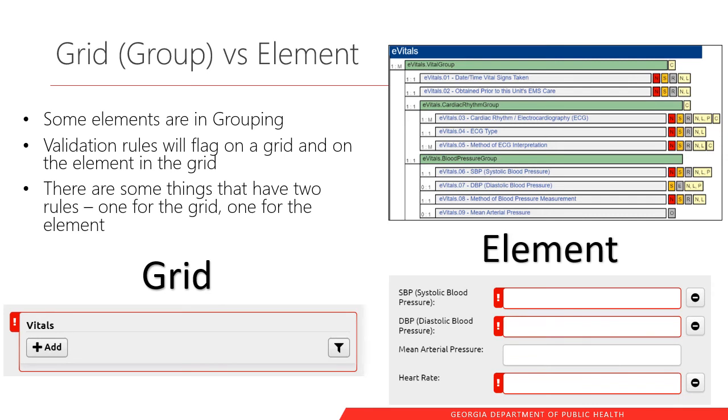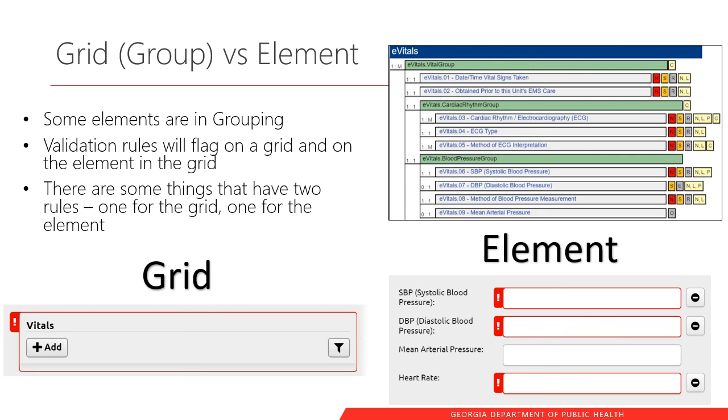A validation rule thing that I wanted to go over: sometimes we have validation rules that look like they're duplicated, and that's because one validation rule ties to the grid and one ties to the element. For example, we have a validation rule that you have to have a set of vital signs, and some of those are heart rate and blood pressure. In most systems, you don't see the blood pressure button until you go into the vital signs grid.